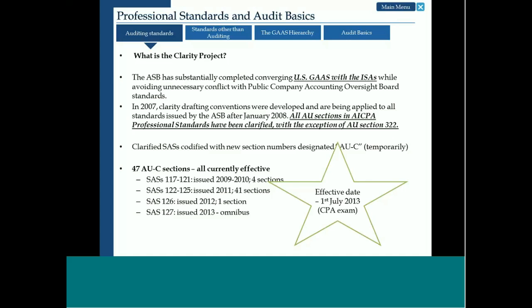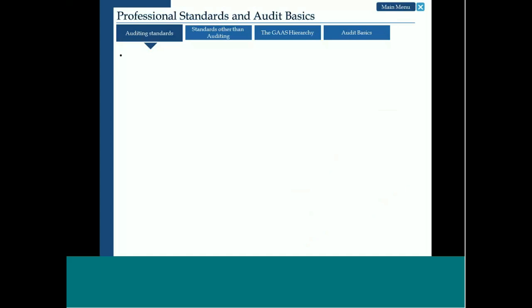It is not expected that you remember these sections of standards. So that was the Clarity Project. Just like the codification in FAR, for us, AU sections are the auditing standards.